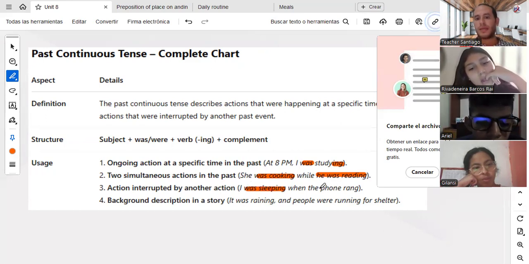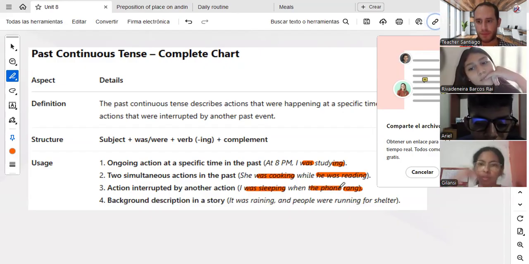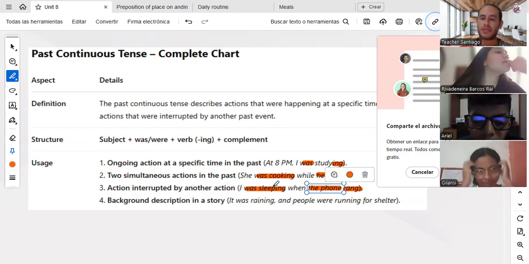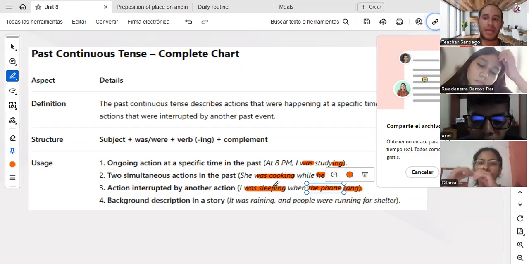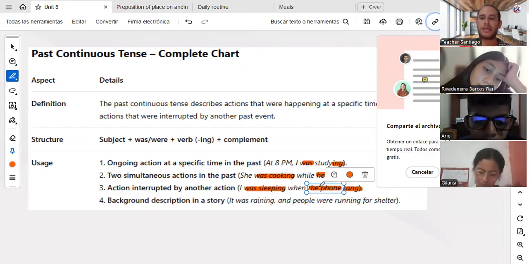What interrupts? The phone rang. So notice that in this part, this sentence, the verb rang is in past simple. So when we talk about an action interrupted by another action, we use past continuous and past simple. Okay? Past continuous for the situation or the event that was happening, that was ongoing, and past simple for the action that interrupts.